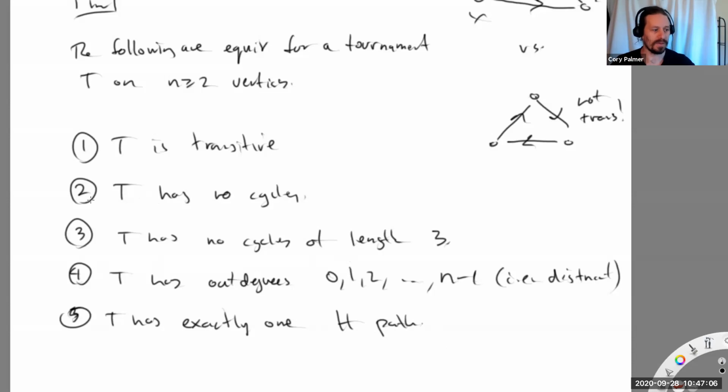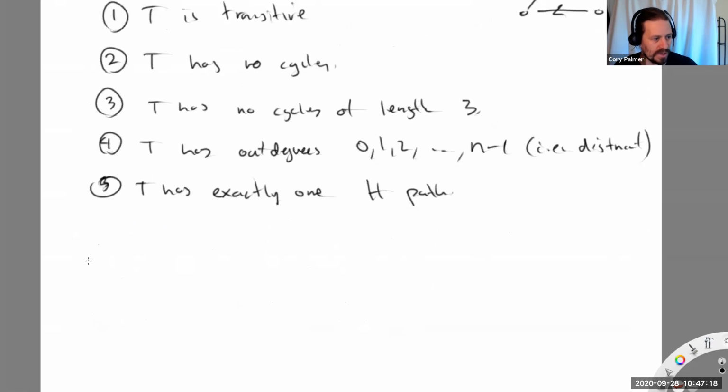There's actually a few other ones that you can make equivalent as well here. You can talk about posets, and there's all kinds of other cool stuff going on. But let me just sketch why 1 implies 2. It's very simple.